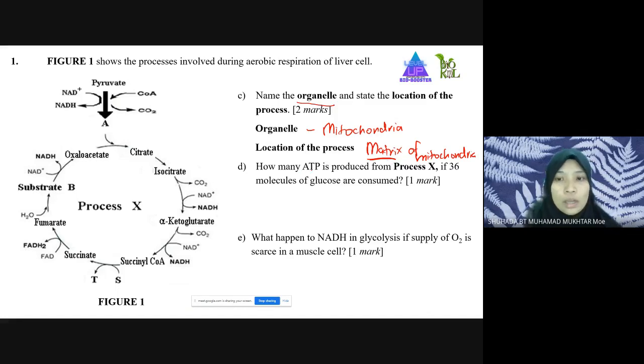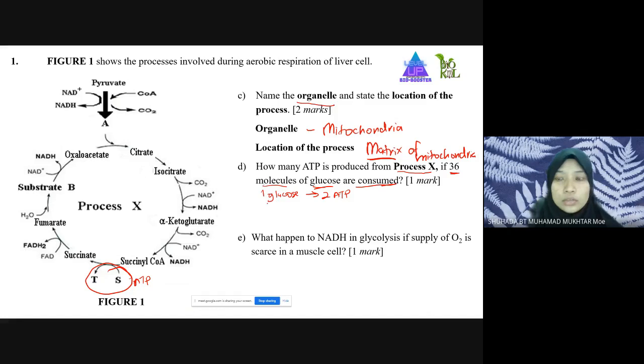Next. How many ATP are produced from process X if 36 molecules of glucose are consumed? From one molecule of glucose, from process X, awak akan dapat 2 ATP. 2 ATP kat mana? Kat sini, this is where you got the ATP.